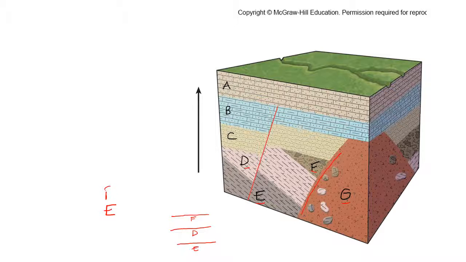So E, then D, then F, and then the whole thing tilting to the side. So after F formed, the whole system tilted to the side, went this direction.